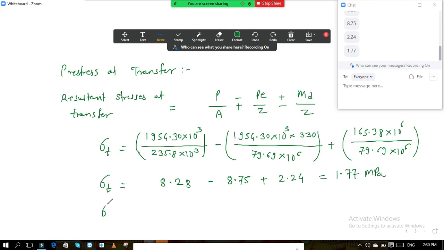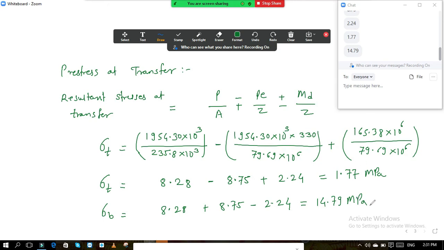Now sigma B, stress at bottom. It is the same 8.28 instead of minus. Now this is plus 8.75 and now this is minus 2.24, giving 14.79 Newton per mm square. Okay, so this should be less than the compressive stress of concrete at transfer.